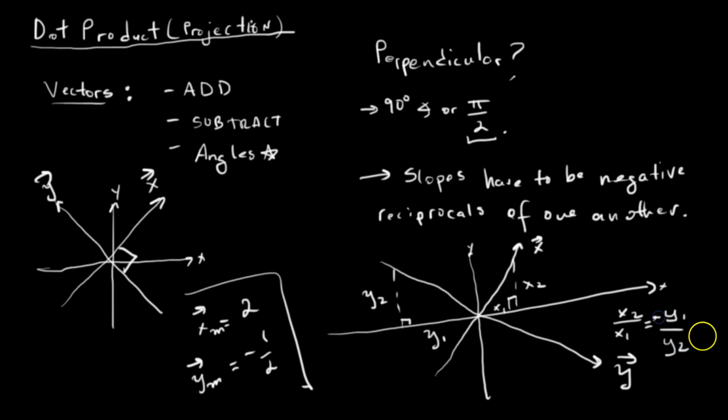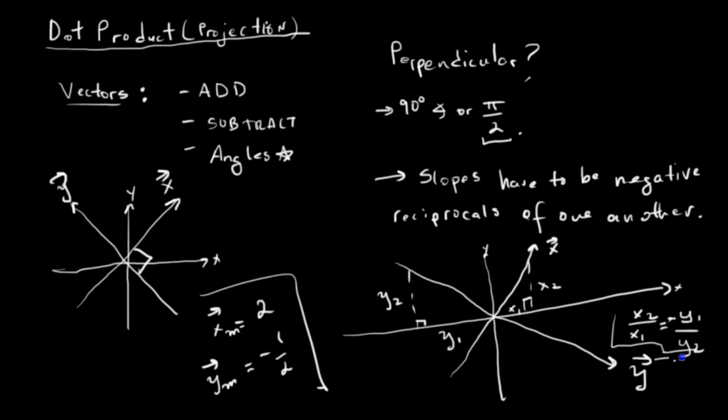So it's going to be negative y1 over y2. So this is our main formula we're going to base off. And this makes perfect sense, right? Because the rise over runs of the two different lines should be negative reciprocals of each other, because the way you find slope is you do rise over run, right? So x1 is the run, x2 is the rise, y1 is the run, and y2 is the rise. So x2 over x1 equals negative y1 over y2.